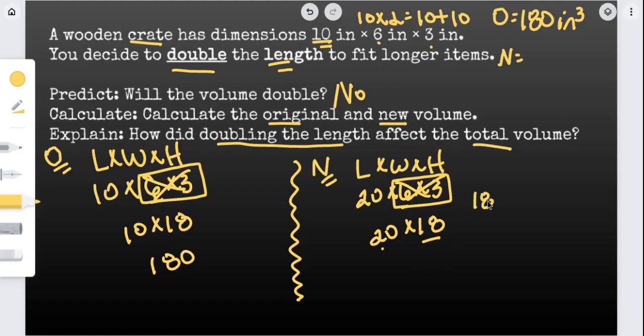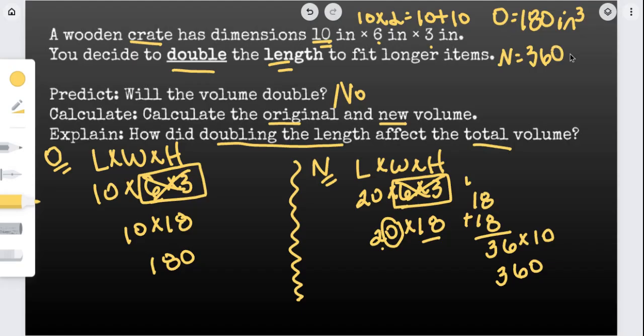So because it's just times 2, I'm just going to choose to use repeated addition here. I get 16, carry the 1, and 3. So I've got to remember my 0 sitting here, and that would be the same as saying 36 times 10, which would give me 360. So I will record my new volume, 360 inches cubed.